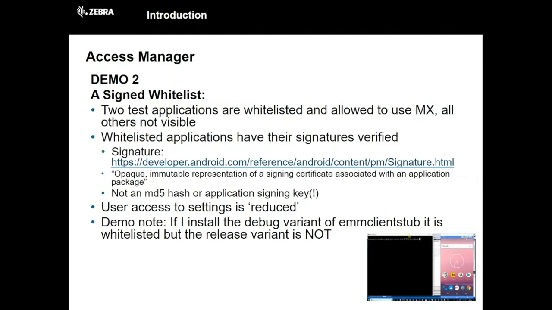So if somehow our evildoer is able to install an application with the same package name as something on the whitelist, that harmful application would be able to perform actions that we did not want it to perform, because it has the same package name, so it's on the whitelist and displayed, no problem.